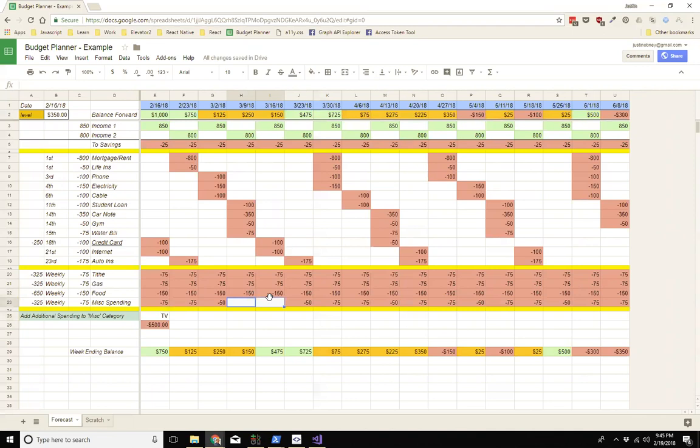Of course, we may also mean that we want to just work a little overtime and get a little bit more money, and we're good to go again. So this is why I prefer forecasting. Just having that knowledge, making the decision, being able to react is what's important to me.